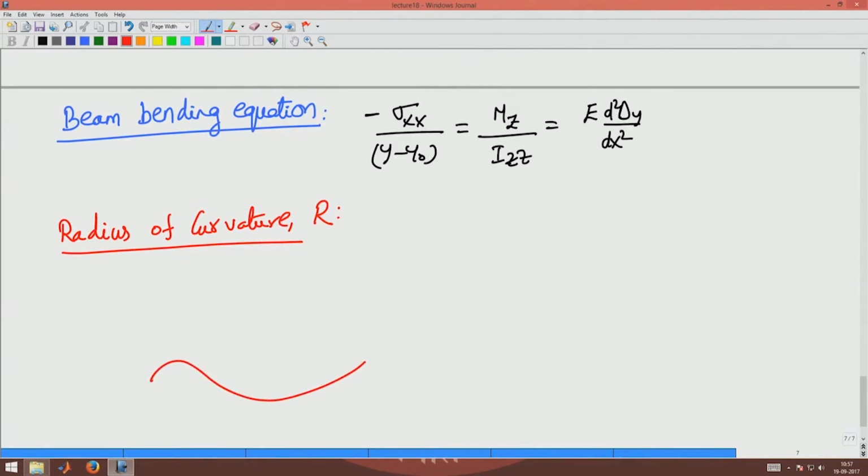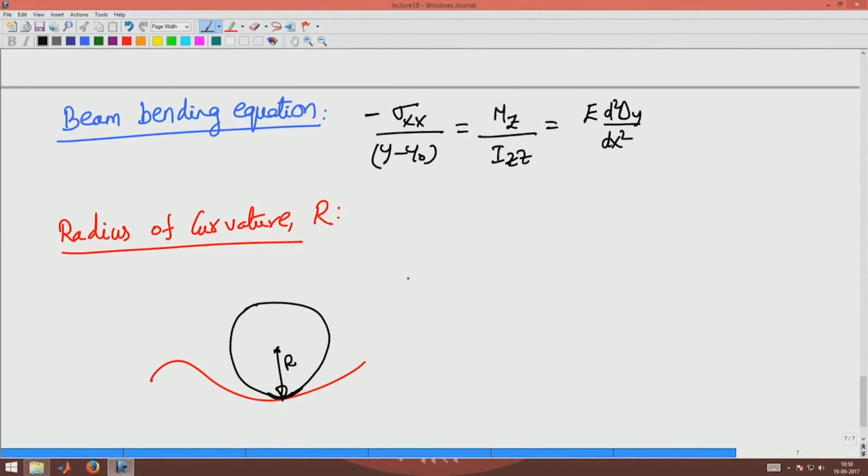What we are interested in is finding, at a given point, the radius of the circle R such that locally it will coincide with the curve at that point. The radius of the circle whose curvature would be the same as the curvature of the curve at that point locally.